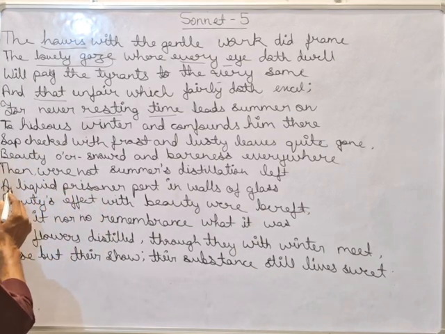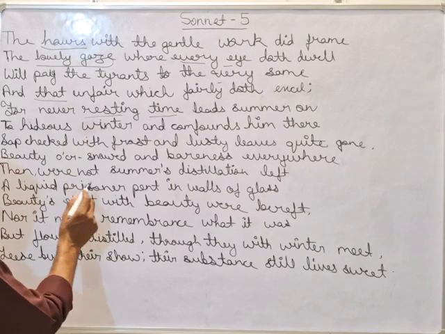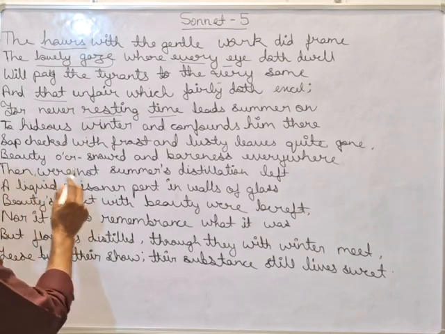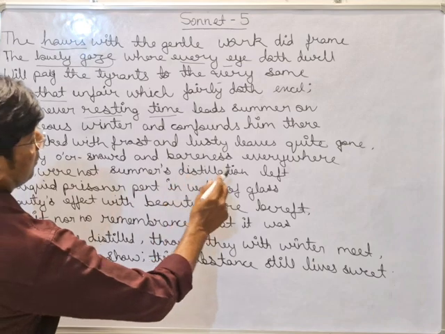Again, you can say metaphor. Instead of saying vial, he calls it walls of glass, again just a metaphor. He's calling the perfume a liquid prisoner. Very good example of metaphor. He says, then were not summer's distillation left.